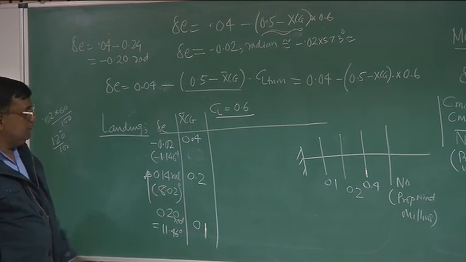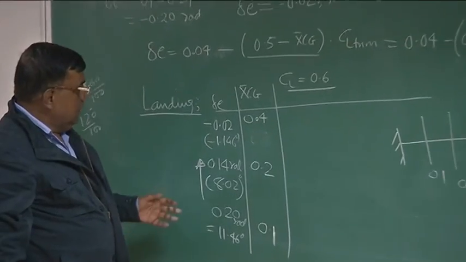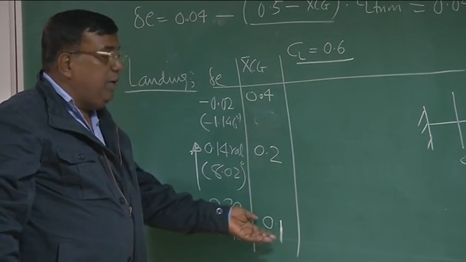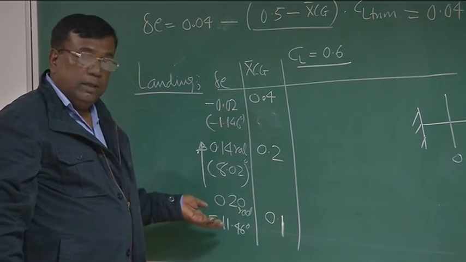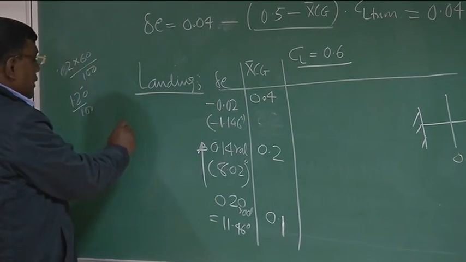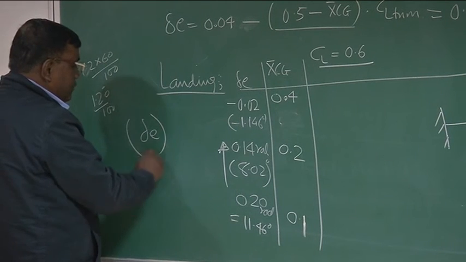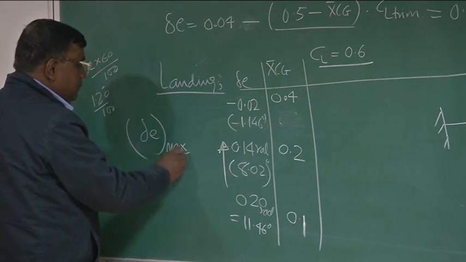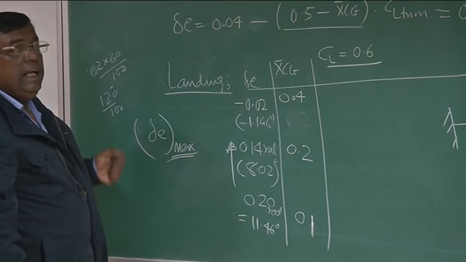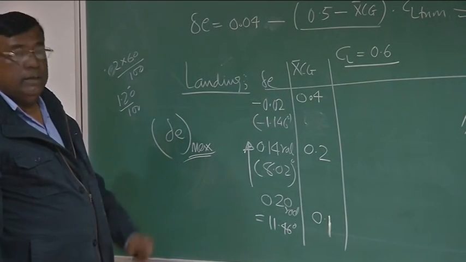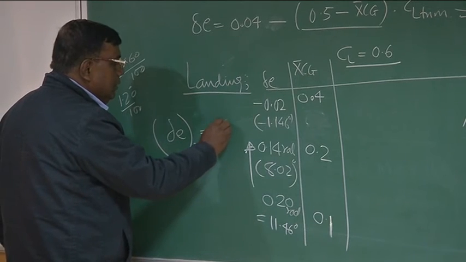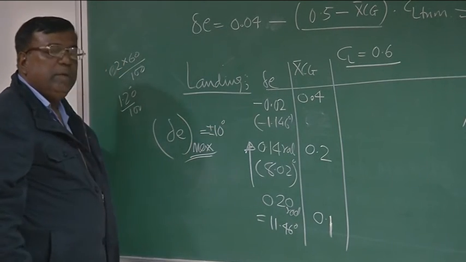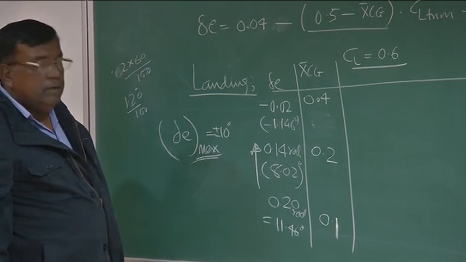How is this happening? If I take the CG further forward, this delta E will further increase. But you have a delta E limit, so delta E max will apply. Suppose delta E max was 10 degree, plus minus. Generally it is plus minus 15 or plus minus 25.